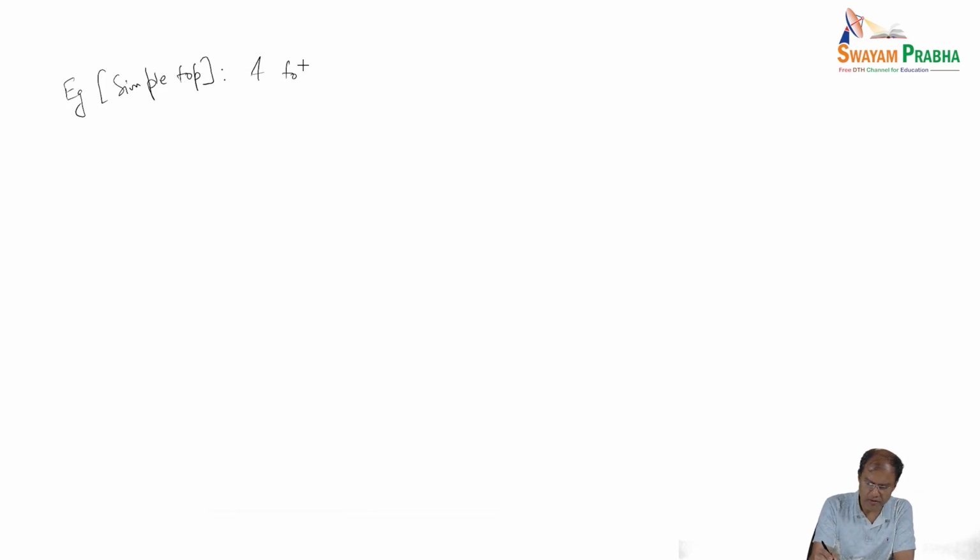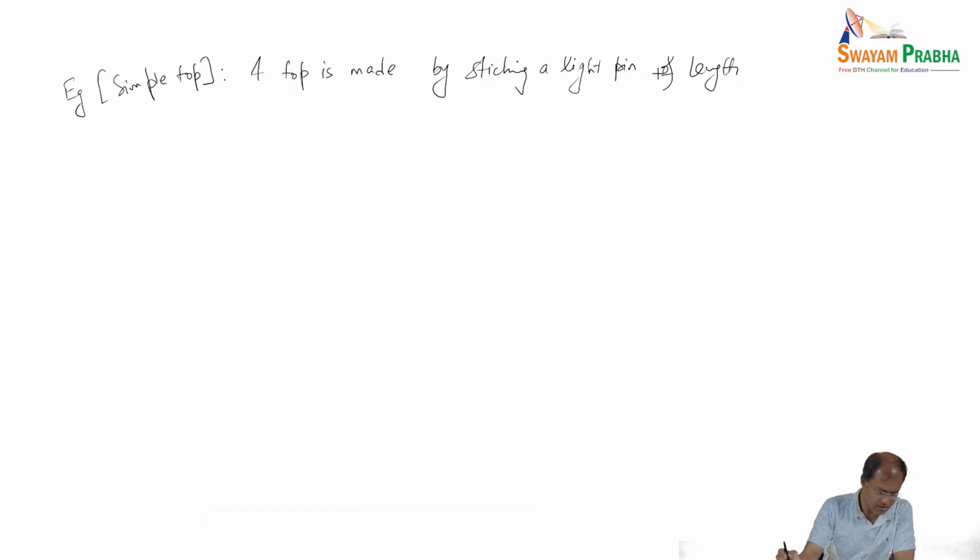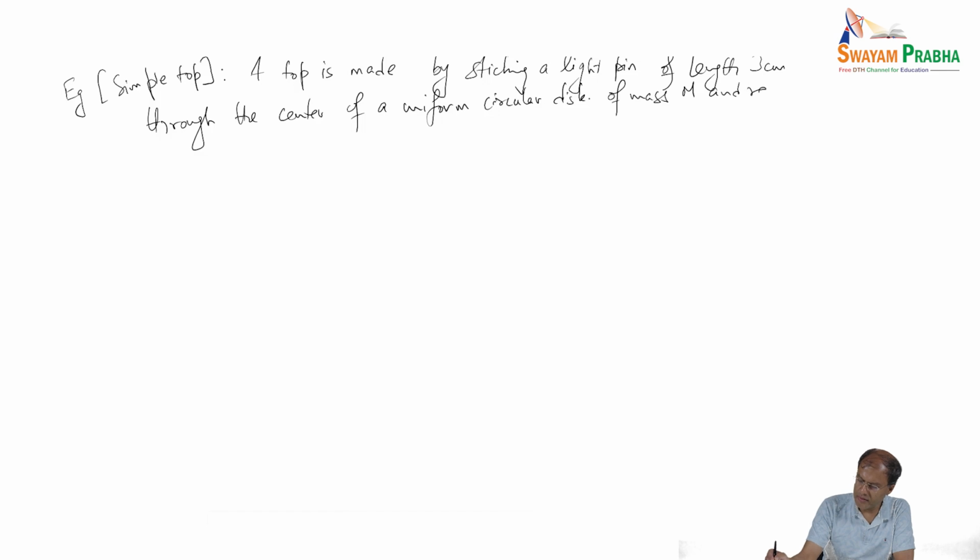A top is made by sticking a light pin of length 3 centimeter through the center of a uniform circular disc of mass m and radius 8 centimeter.